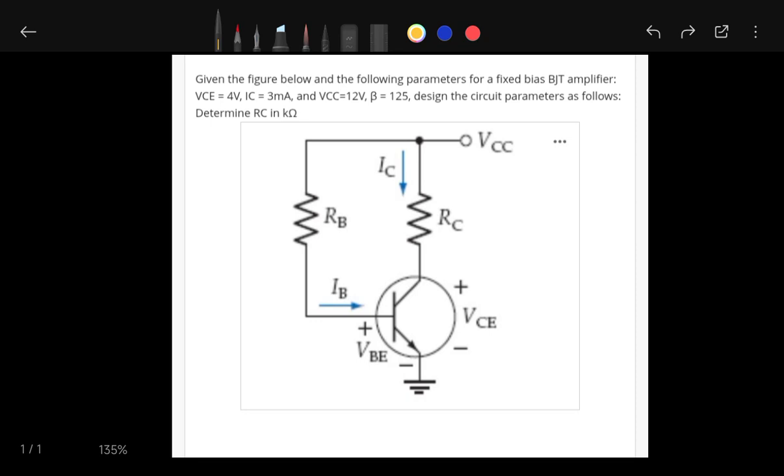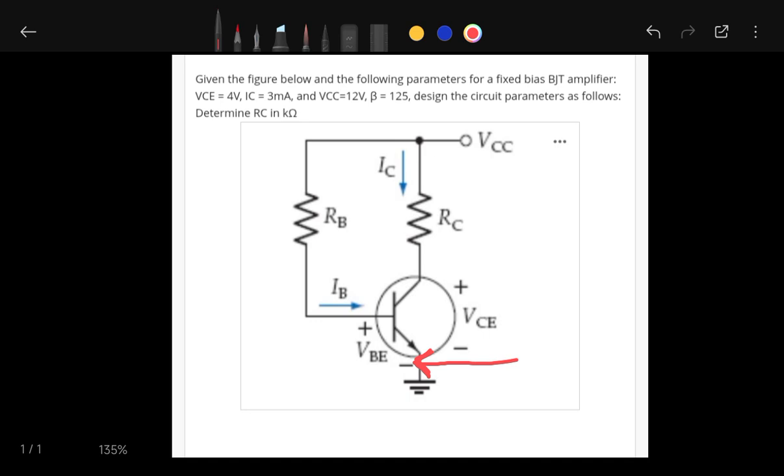So here we are given a fixed bias. How do I know that it is a fixed bias? Here they specified. If they didn't specify, you would notice by this, because there's no emitter resistor there.